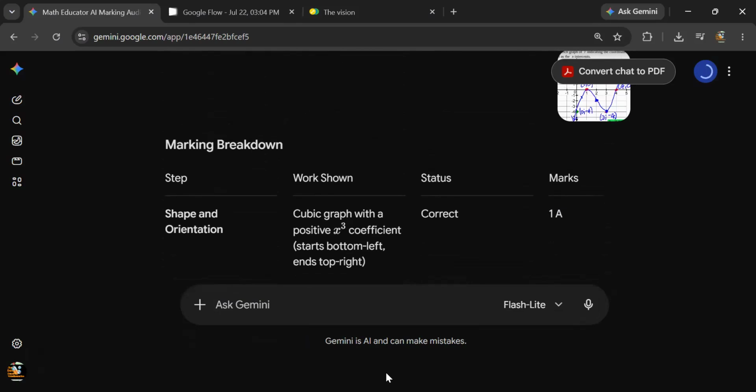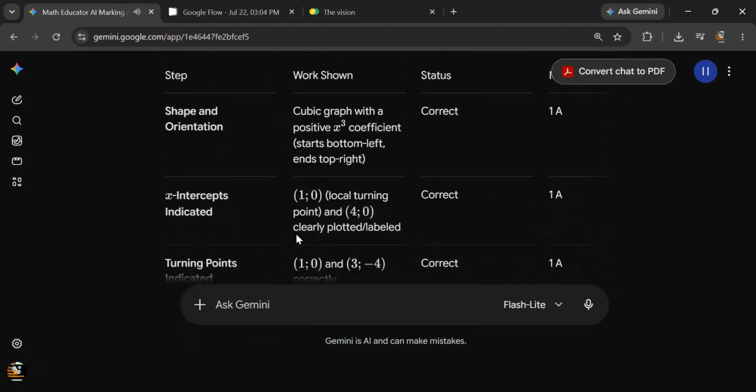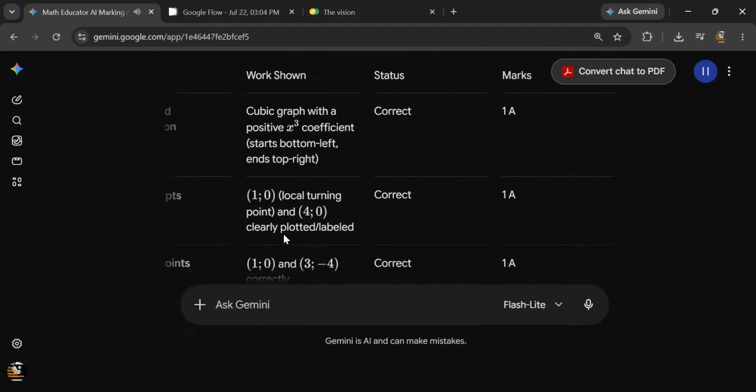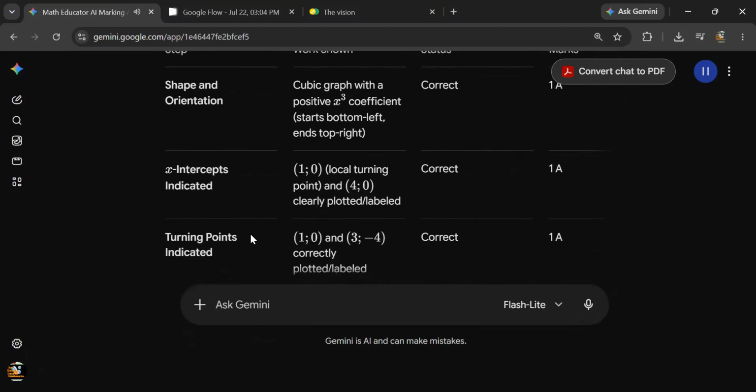Marking breakdown. Step. Work shown. Status. Marks. Shape and orientation. Cubic graph with a positive x cubed coefficient. Starts bottom left, ends top right. Correct 1A. X-intercepts indicated 1, 0, local turning point, and 4, 0.